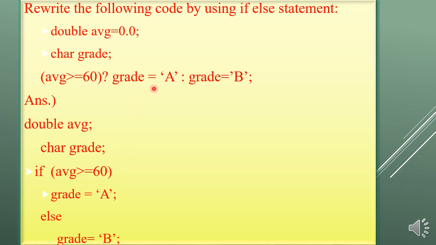Grade equal to A. So grade equal to A semicolon. See, we use colon only in the ternary operator statement. We use the colon only for ternary operator statement. Else grade equals B. So that is how we convert this ternary operator code by using if-else statement.